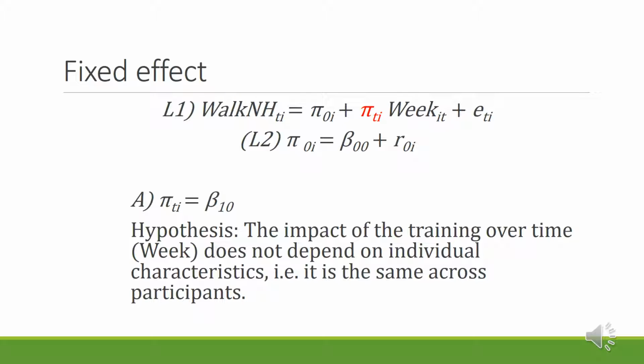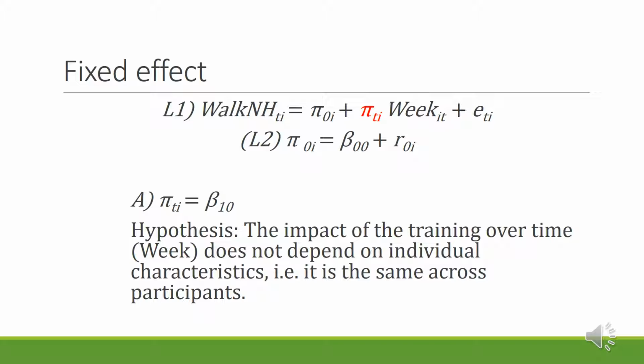Scenario A is one that we did not discuss in class because it is generally not a model that we see. It's a fixed effect on change over time. And the hypothesis, a very strong hypothesis, is that the change over time does not depend on any individual characteristics.